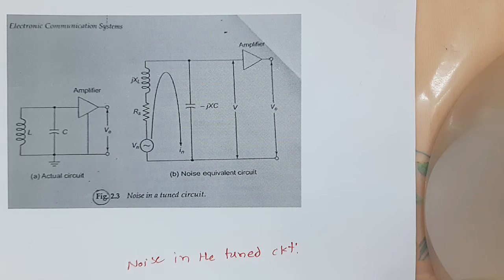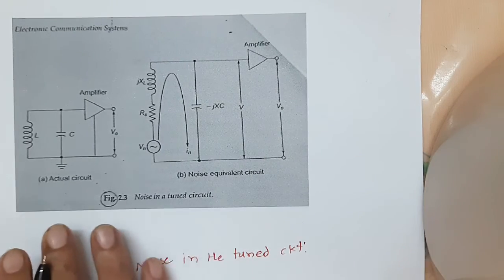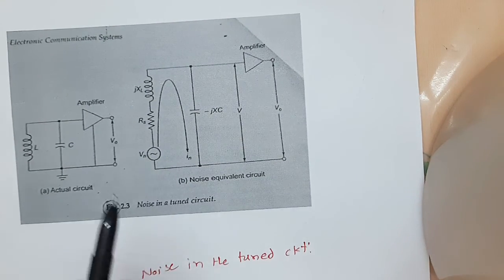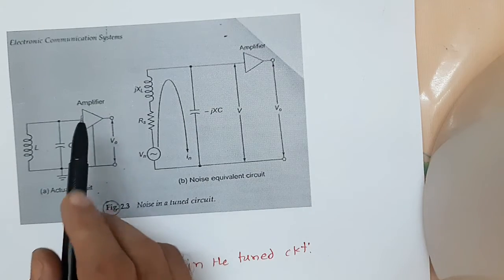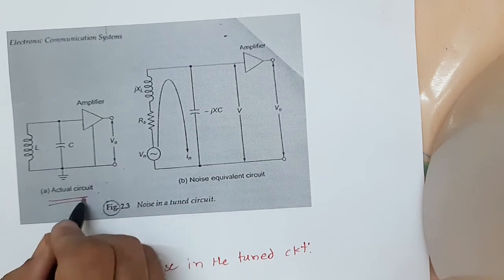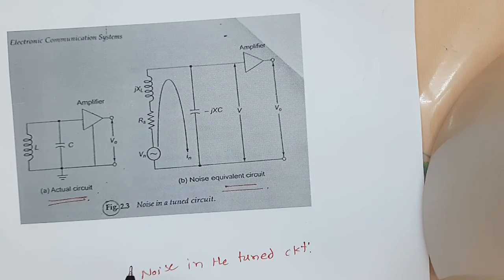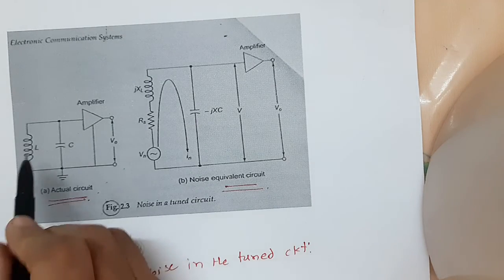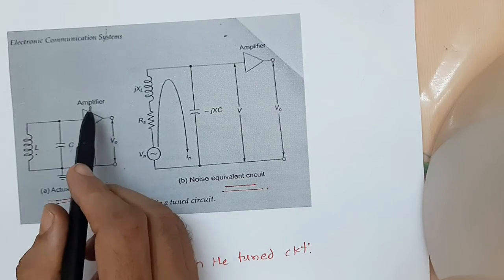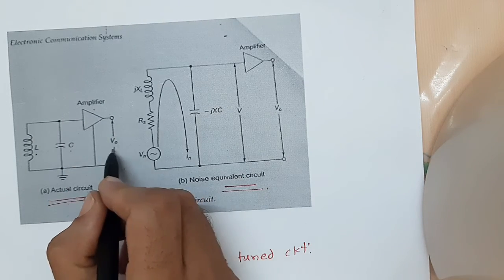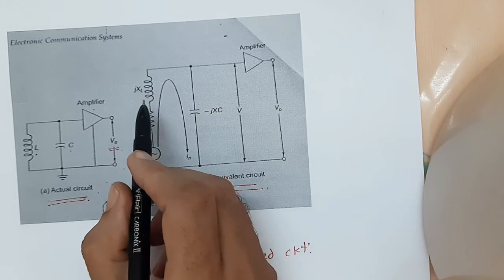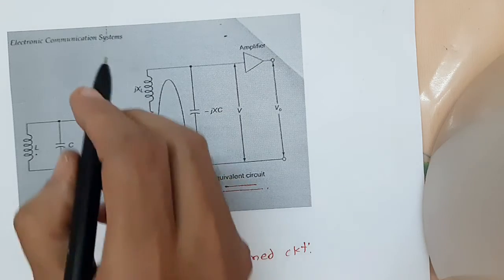The noise current in the circuit will be IN. Here, this is our actual circuit, and this is the noise equivalent circuit. It has an inductor, capacitor and amplifier, and this is our output voltage. This is jXL, imaginary.